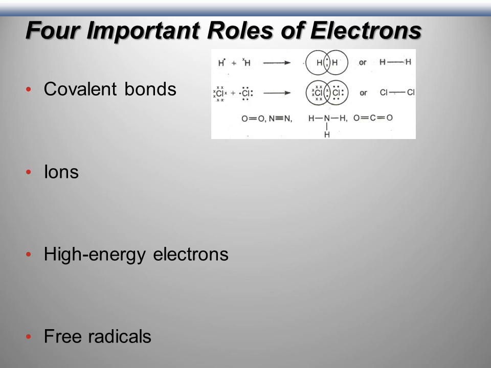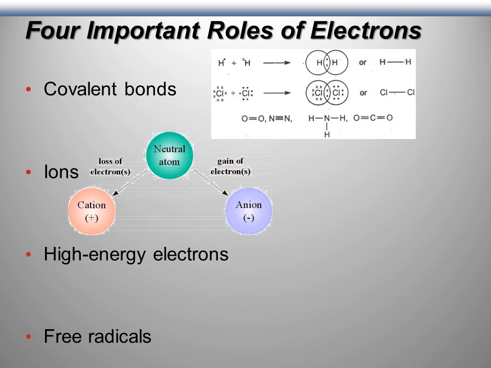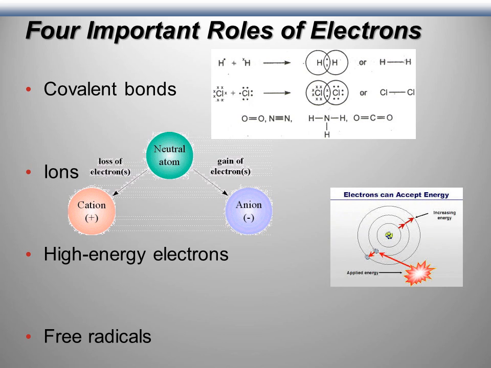Okay? So covalent bonds: the formation of structures, the formation of reactive groups, and the storage of energy. Ions serve aqueous roles for things like gradients and for reactions in the body. High energy electrons are, again, for storage of energy within an atom, not just across atoms like up here, but actually within an atom.